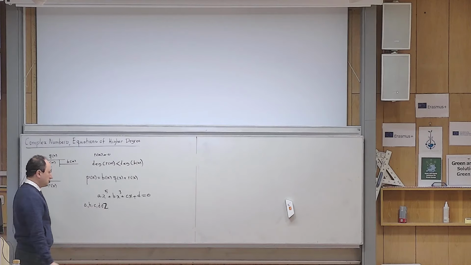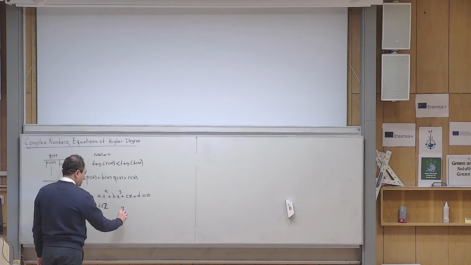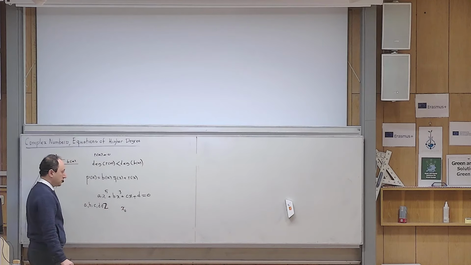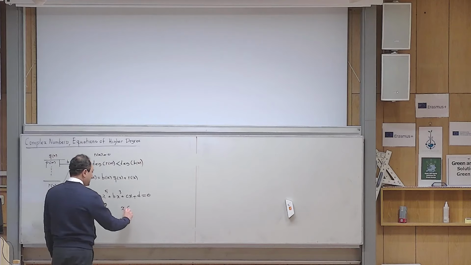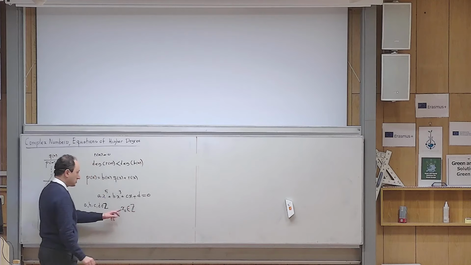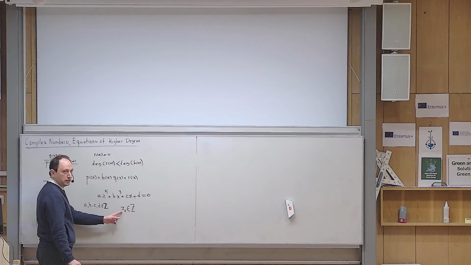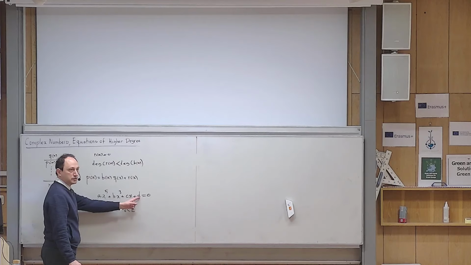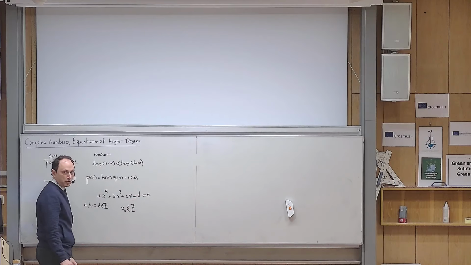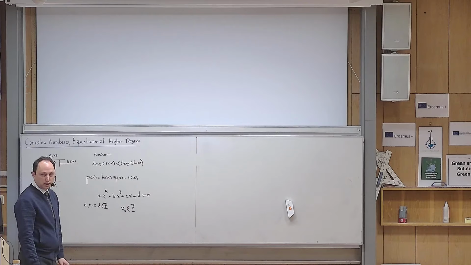Now I am telling you that x naught is a root of this polynomial, and it is also an integer. I claim that this root should be among the divisors of d. That was my claim. But can you tell me why? Let me repeat.